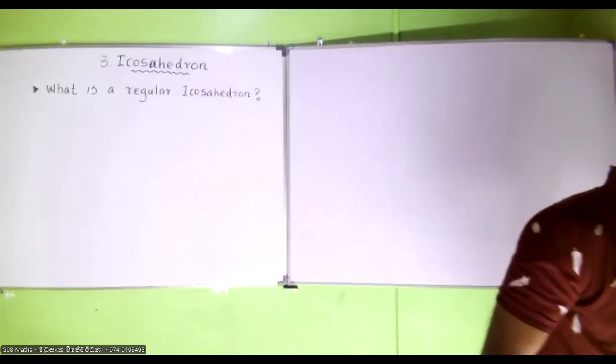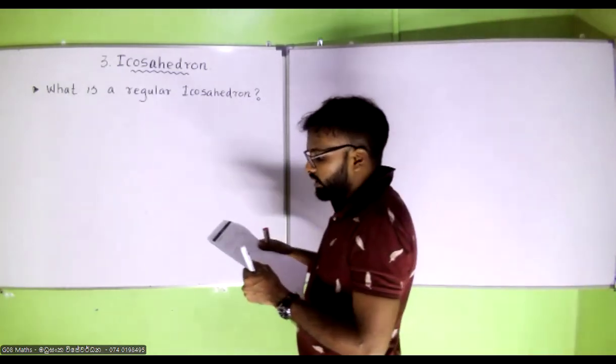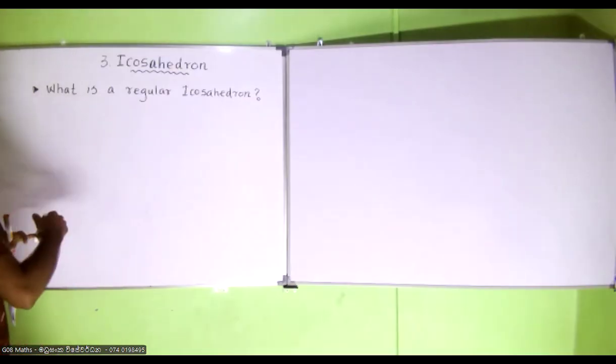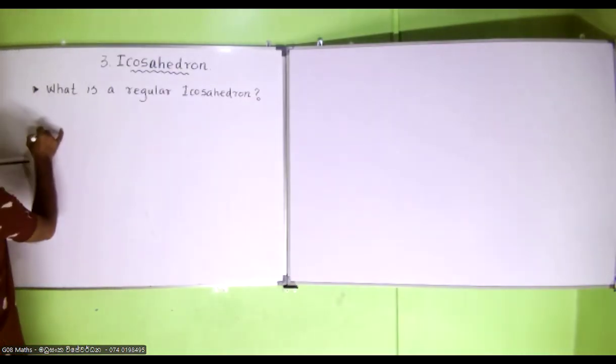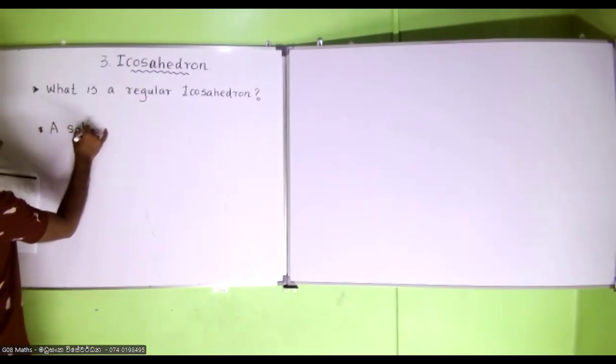To fill the blanks, I will use my red color pen. A solid object, I will write it on the board.